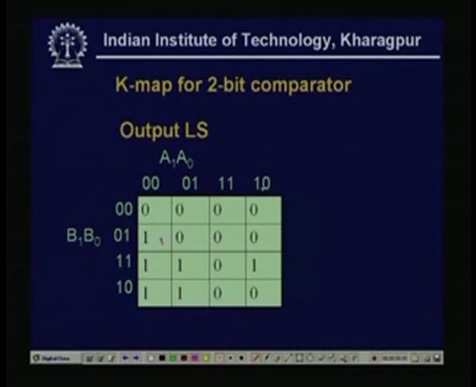Again, 1 0 is less than 1 1, means 2 is less than 3, so this is 1 0 1 1, which is 11. Similarly, 0 0 is less than 1 0, 0 1 is less than 1 1. Now, 0 1 1 1 is 7 and this is 6. So, for 1, 2, 3, 6, 7, 11, these values are less.